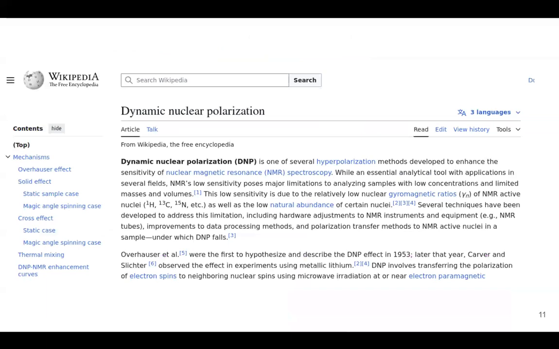First, technically, it's difficult to polarize the nucleus, but there are techniques to do this. The technique, you may be familiar with this, is called dynamic nuclear polarization. It's a technique that is over 70 years old and is the way that people have enhanced the sensitivity of things like nuclear magnetic resonance.